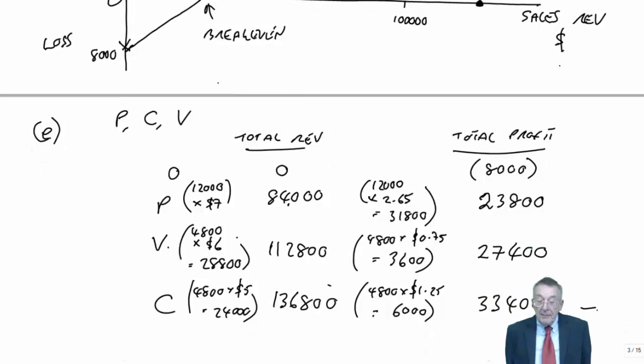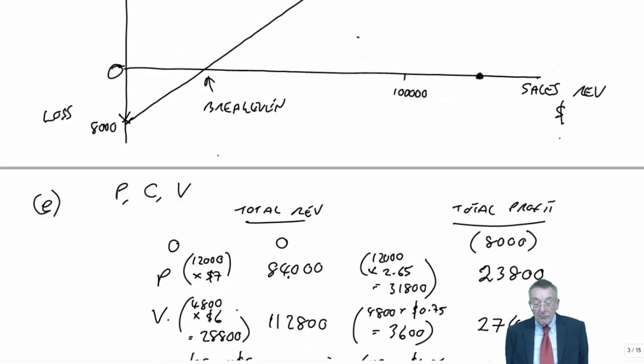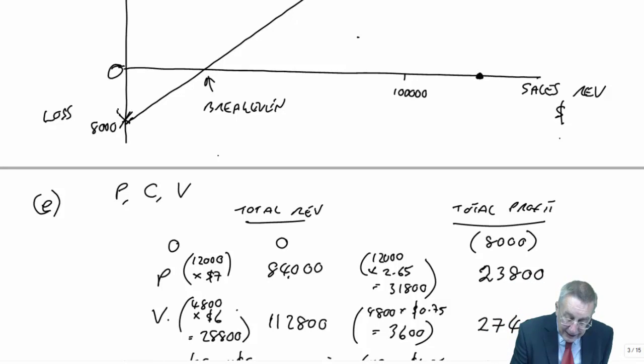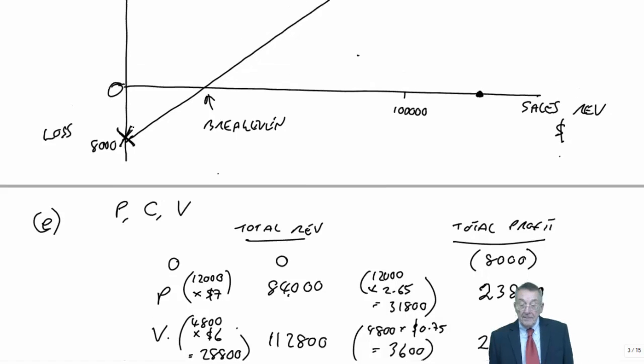Now we're going to assume that we sell P first of all. And what's going to happen? Obviously, if we sell nothing, no revenue, we make a loss of 8,000.